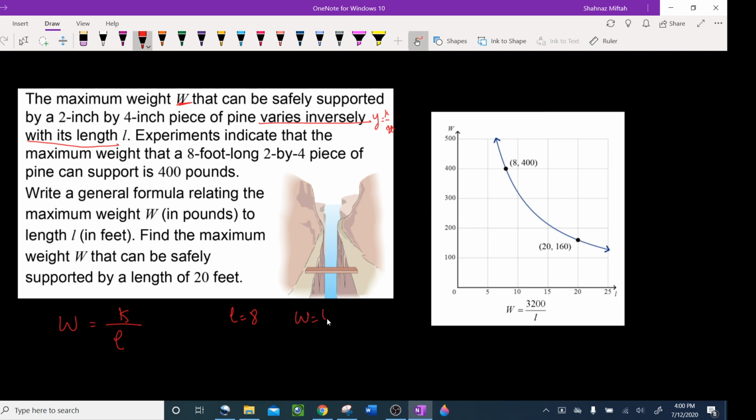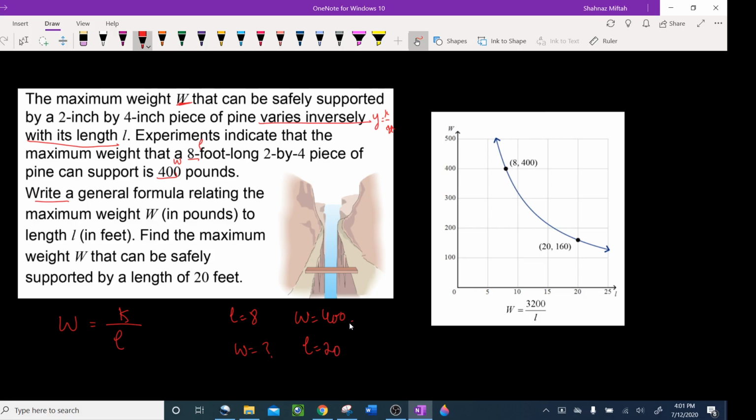So that's the weight, 400 pounds. You see, that's weight, that's length. Write a general formula relating to maximum weight. So we're going to write a formula that relates the W and L, which we already did right here. Find the weight that can be supported by a length of 20 feet.